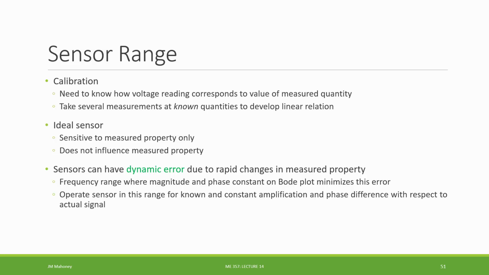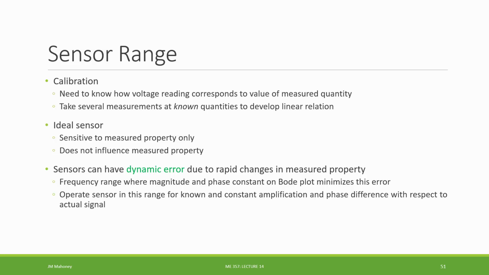So now what we're going to be concerned with is not how good necessarily is the sensor at determining a static quantity, but something that's changing in time. And this is where the transfer function of the sensor itself is going to come into play. Because depending on the transfer function, it might be good at measuring low frequency changes, or it might be better at sensing high frequency changes, or maybe something in between.